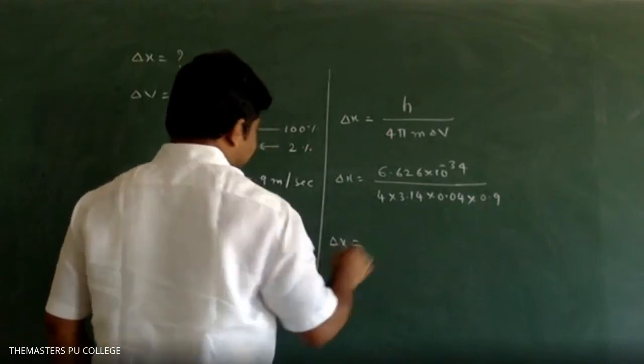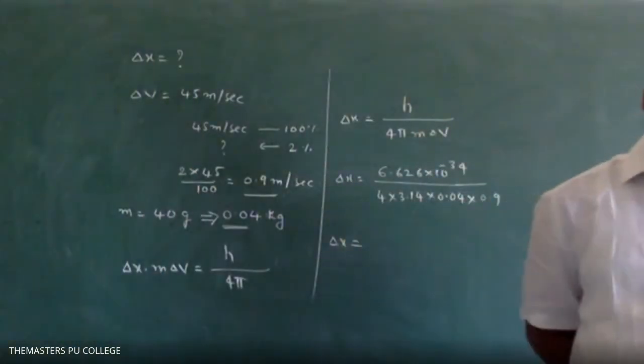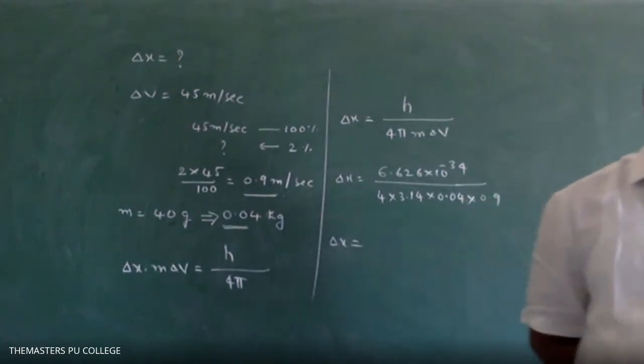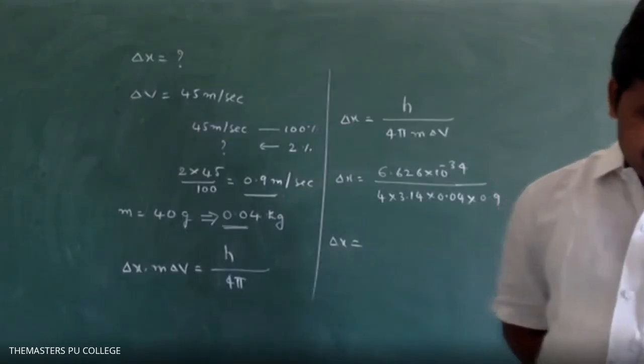Delta x is 1.46 into 10 to the power minus 33 meter.